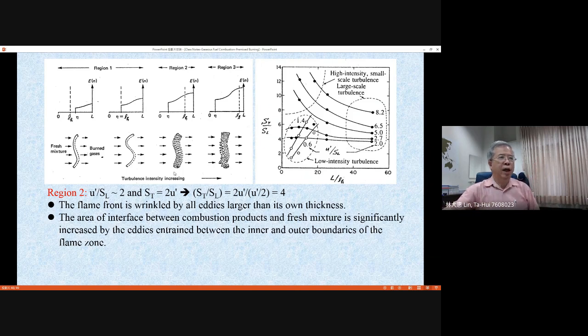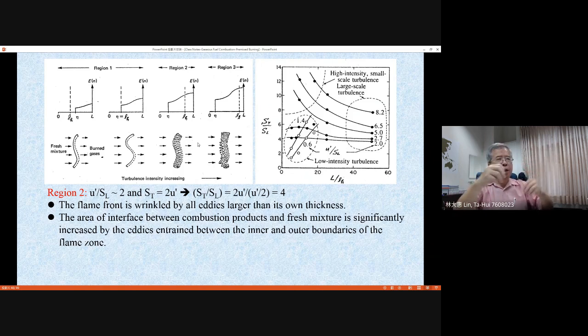And you can have this very important influence, which means the area of interface between the combustion products and the fresh mixtures is significantly increased. Why? Those eddies may come from the upstream side or from the downstream side. From the upstream side, a small eddy brings fresh mixture and penetrates into the flame zones.